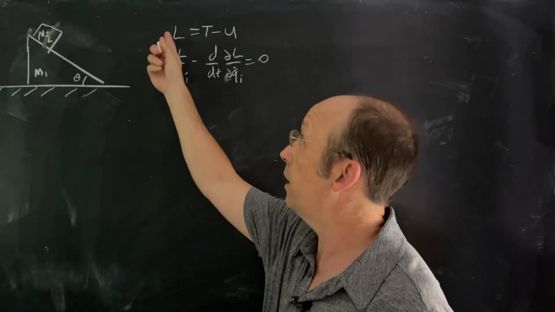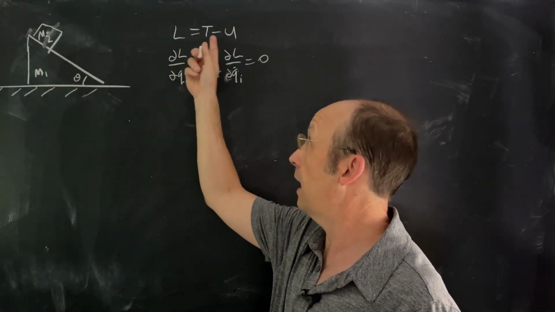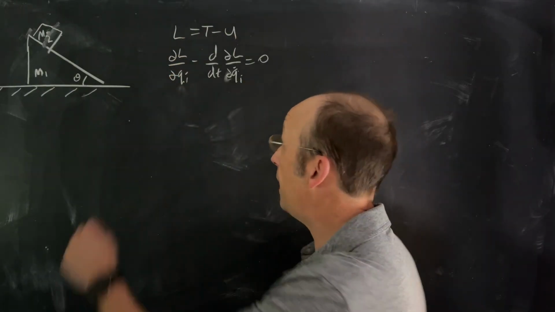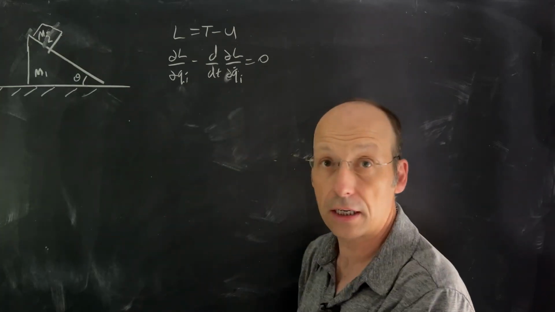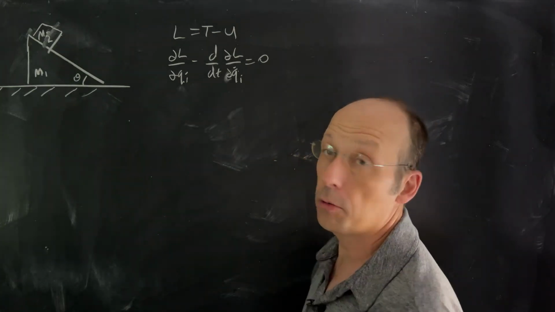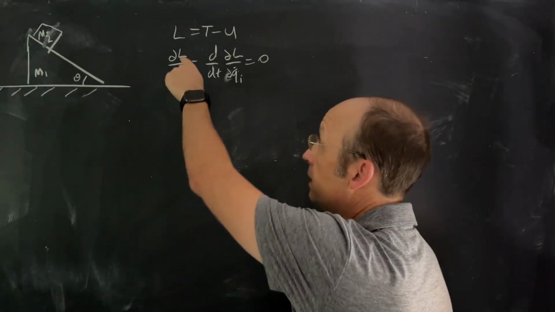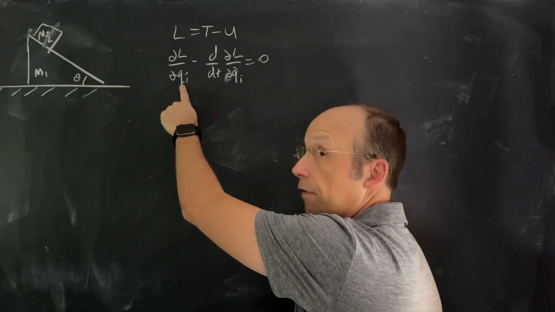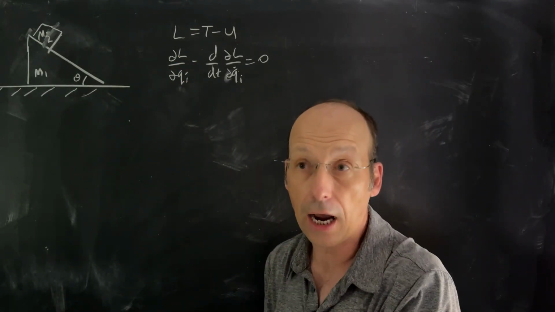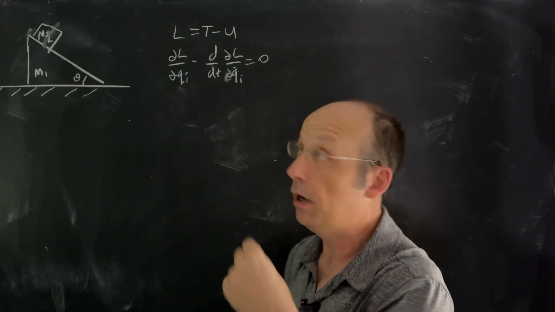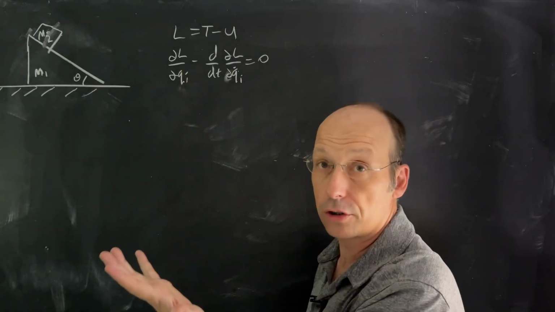So we define the Lagrangian as the kinetic energy minus the potential energy, and then this equation tells us how to get the differential equation of motion. Now, you may not be able to solve it, but you can get it. Okay, we could solve it here. This says the partial of L with respect to one of the variables, and here I put q_i because we could have more than one variable. These q are our generalized coordinates.